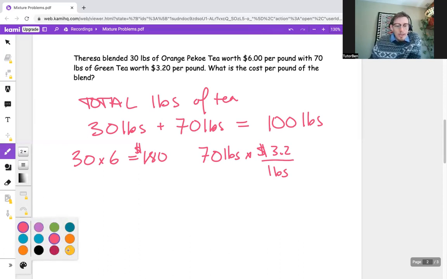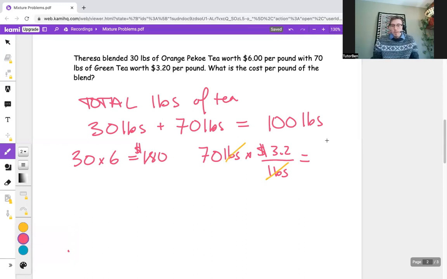The reason we only get dollars here is because the 70 pounds cancels with the per pound. So we just get 70 times $3.20. I'm going to double check this on my calculator. This comes out to $224.